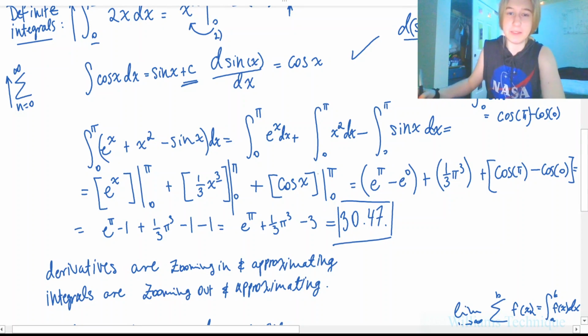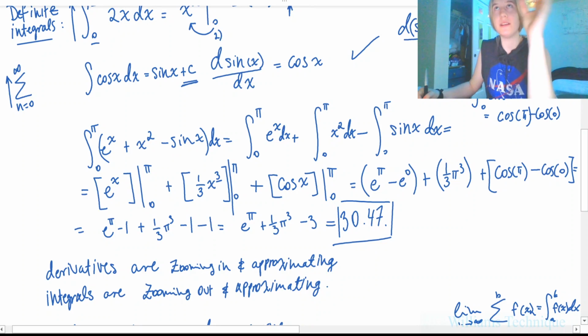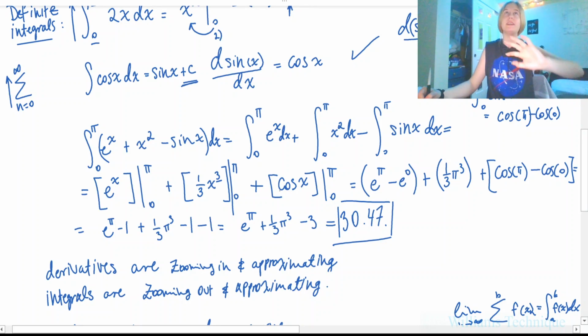So we took the integral of that. Wait, did I do that right? So the integral of negative sine of x is cosine of x. It's just positive.